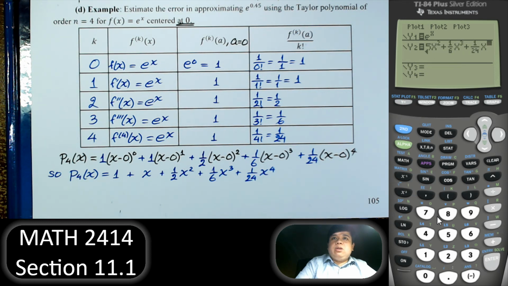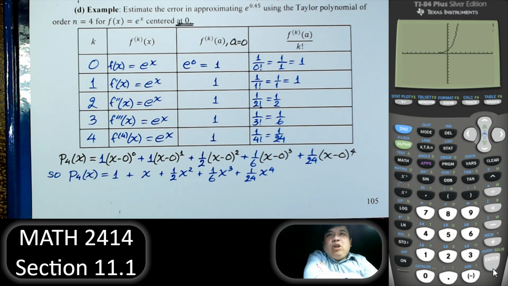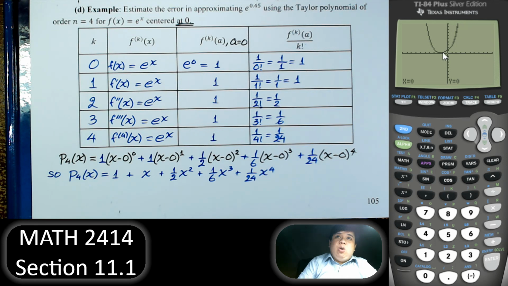Right, e to the x, and then we have the 4th degree polynomial. So once again, the exponential function and the 4th degree polynomial. You see, almost identical. The center is at 0, so when it goes close to 0, the approximation is very good.